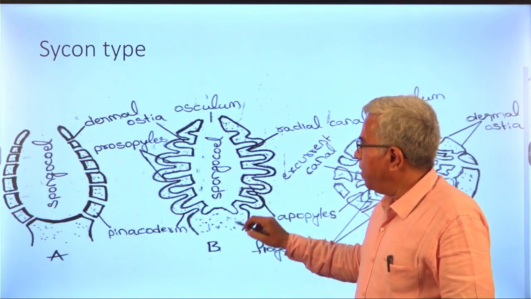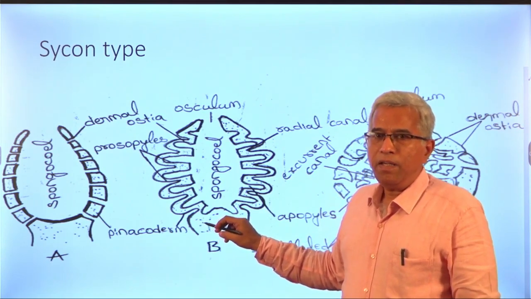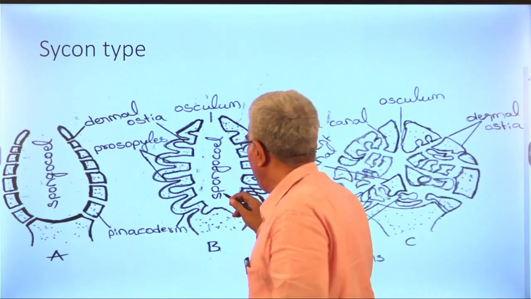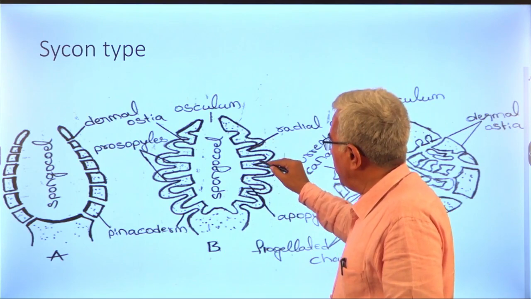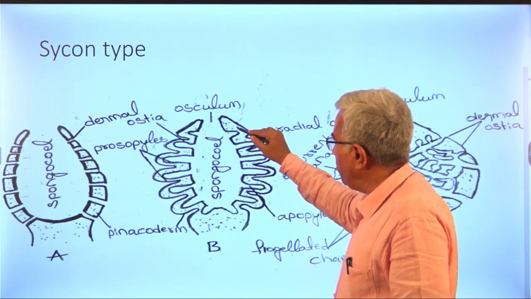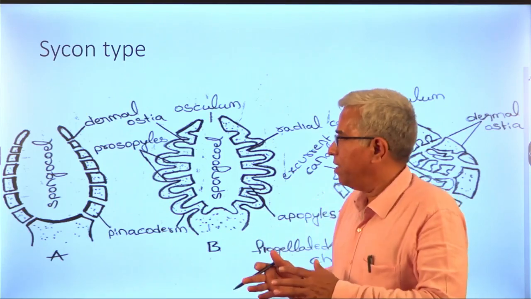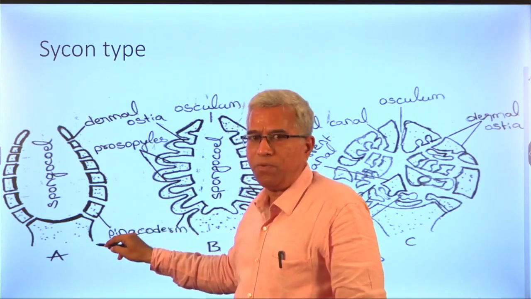And this middle diagram represents Sycon type. It is a little bit complicated when compared to Ascon type. Here you can see in Sycon type, the margins, that means the layers, are showing certain invaginations and evaginations. Whereas in Ascon type, such invaginations and evaginations are not found.